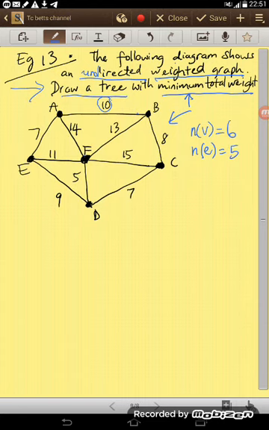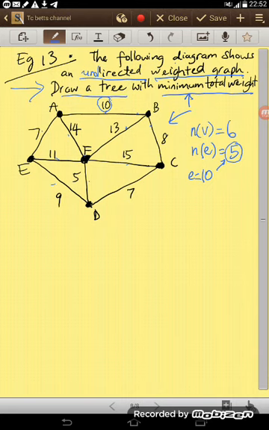But what happened here? This undirected weighted graph, how many edges do you have? 1, 2, 3, 4, 5, 6, 7, 8, 9, 10. You have 10. So you have to make it only 5 edges.